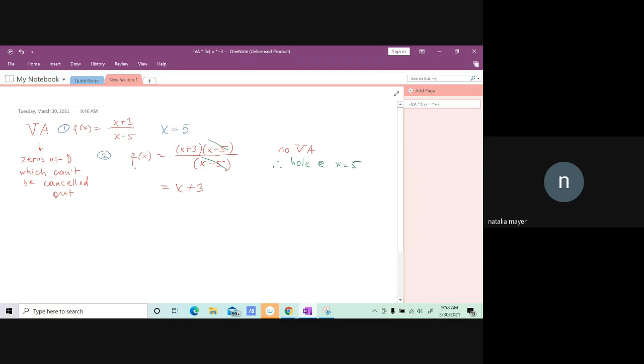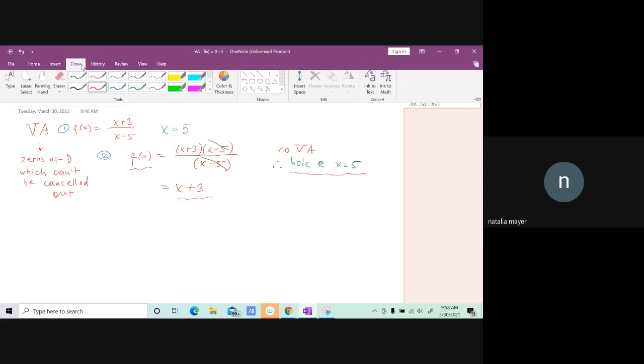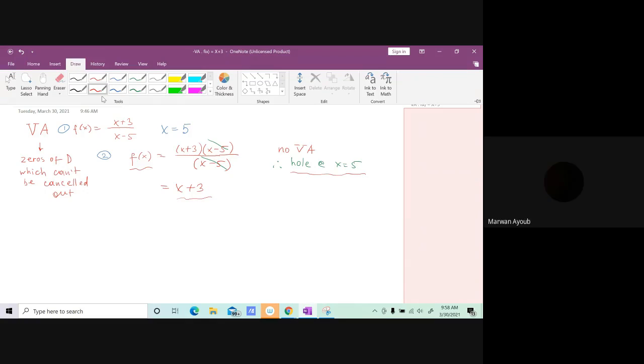Also, I want to grab the opportunity to master your sketching skills. That's why I want to ask you. So if you know that the function looks like this originally, and now it looks like this, with this information in mind, how will the sketch of this function look like? How can we sketch it?